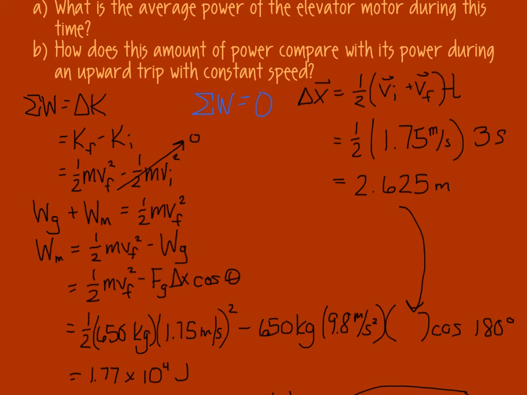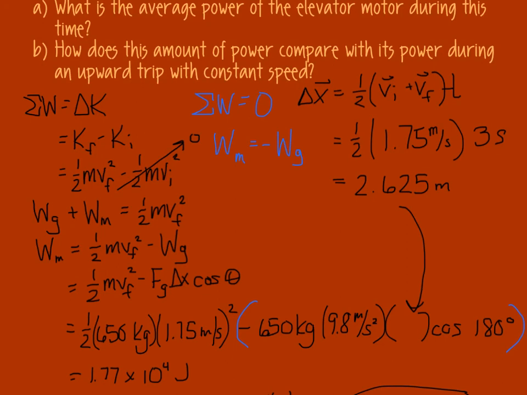So that tells me that the work done by the motor is equal to the negative of the work done by the gravitational force. We know that can be calculated by doing 650 times 9.8 times our displacement.